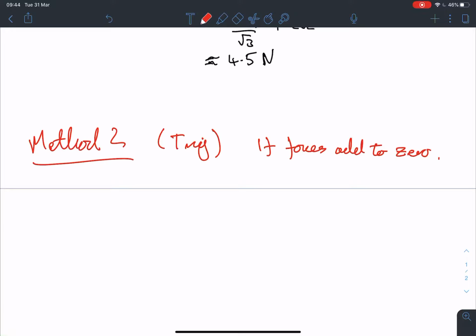Have a think. What must happen with the diagram if we add the 3 forces together, and the outcome is 0?